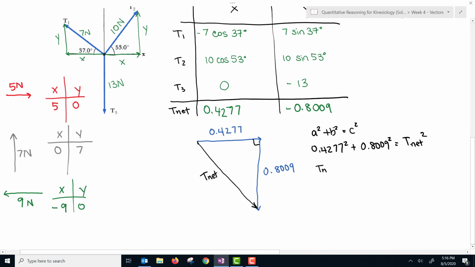I'm going to solve for T net, which means I'm going to take plus or minus the square root of 0.4277 squared plus 0.8009 squared. And now I'm going to type all of this into my calculator. So I have the square root of 0.4277 squared plus 0.8009 squared, and I get 0.9079.